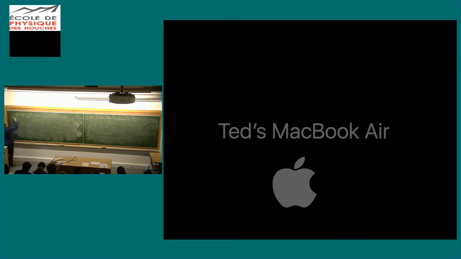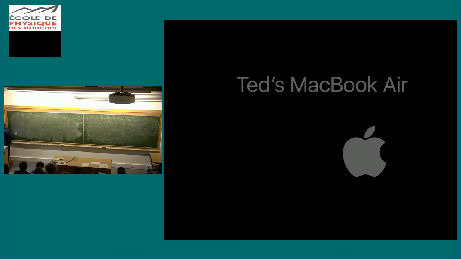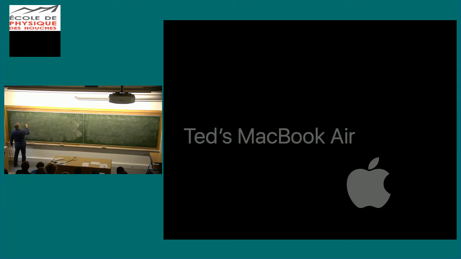If this is some field omega versus x, this is omega of x minus epsilon, if I shift by epsilon. So if I vary omega, that's omega of x minus epsilon minus omega of x, which is minus epsilon d omega by dx.